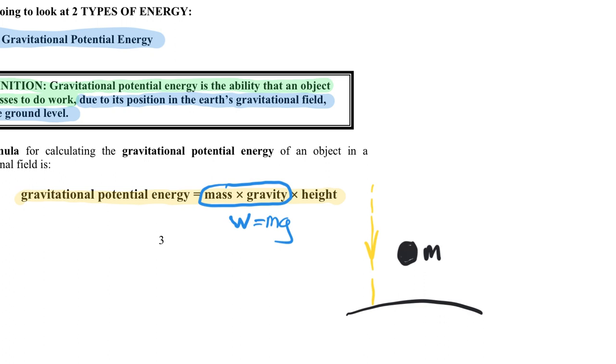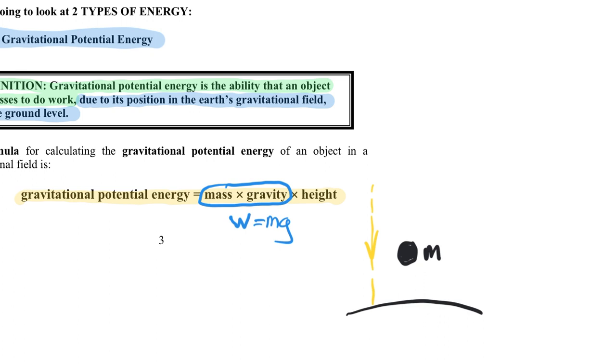If you move it without accelerating it significantly, then we would refer to this in physics as a quasi-static situation. You're moving it so slowly that the acceleration is basically zero.